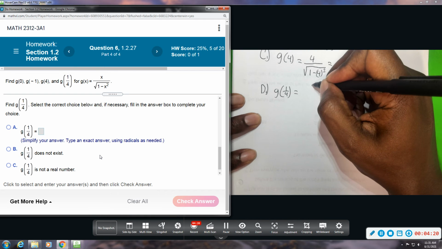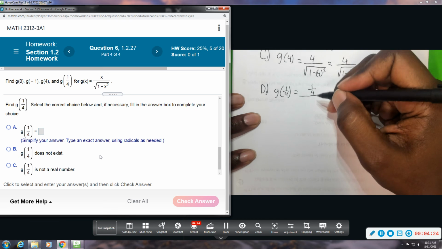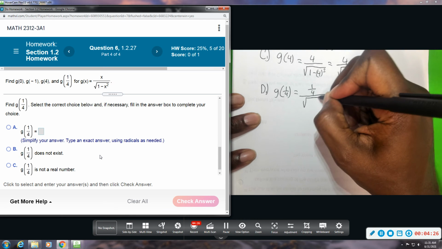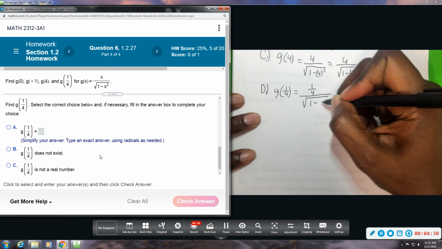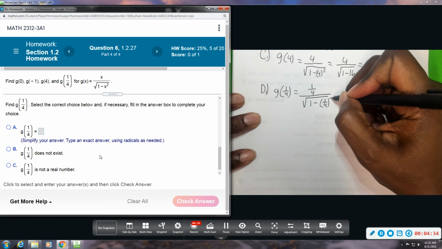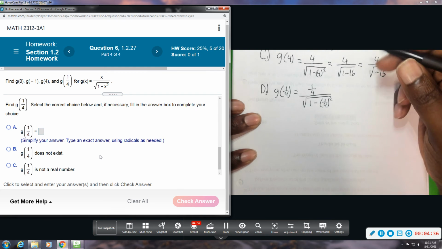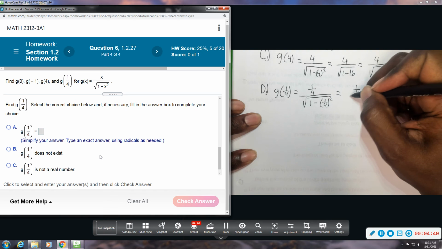We're going to plug a 1/4 on top, and on the bottom we're going to have the square root of 1 minus 1/4 quantity squared. Simplifying, 1/4 on top.